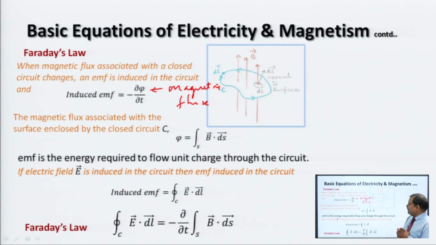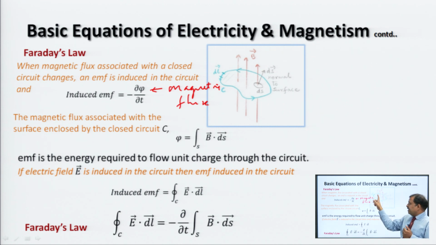Okay. Let us consider this figure. In this figure, let us consider path C. This C is a closed circuit, and it is placed in a magnetic field. Then what is the magnetic flux associated with this closed circuit? You can integrate B dot ds or B ds cos theta. ds is a small element of the surface. Which surface?